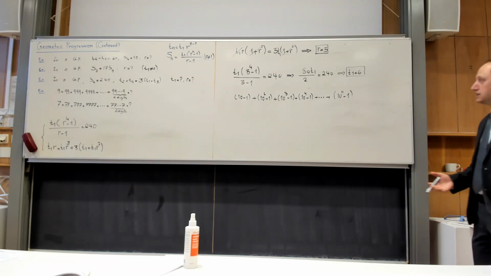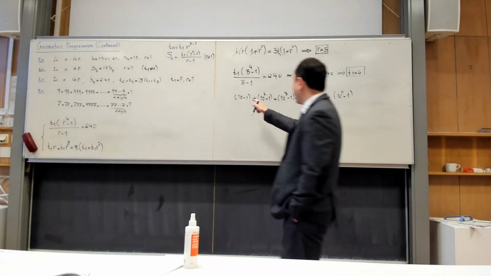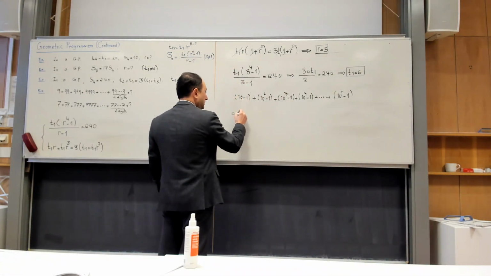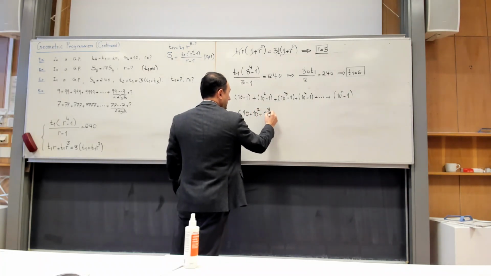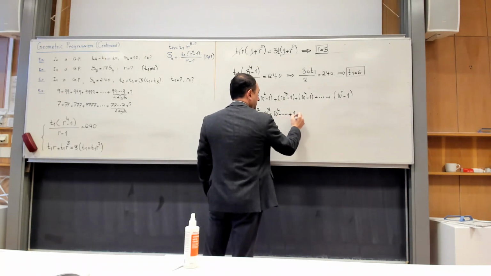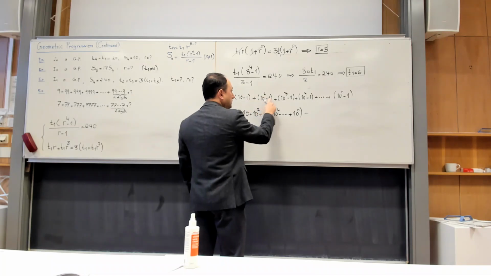But the point is that you can start collecting the terms now. You can write powers of 10 next to each other. So you can write 10 plus 10 to the power of 2, 10 to the power of 3, 10 to the power of 4, up to 10 to the power of n. And then you have minus 1, minus 1, minus 1.